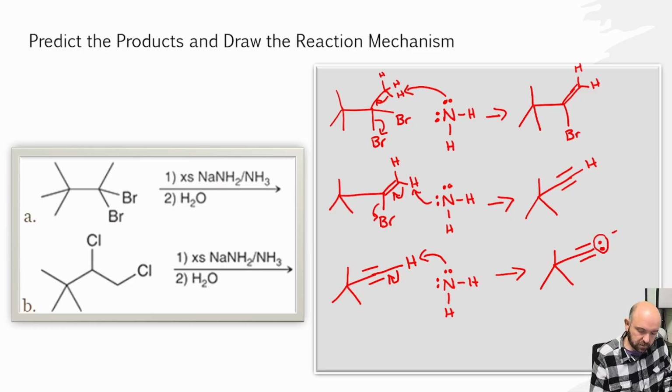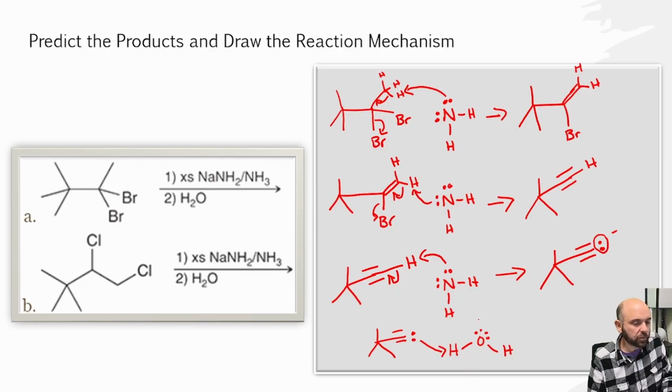And then finally, to reprotonate, water is added. We will remove one of the protons from water, leaving a lone pair on the oxygen, giving us our reprotonated species.